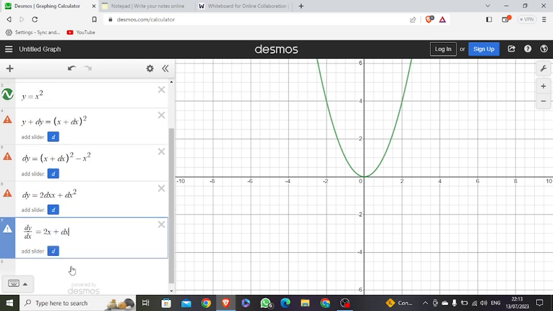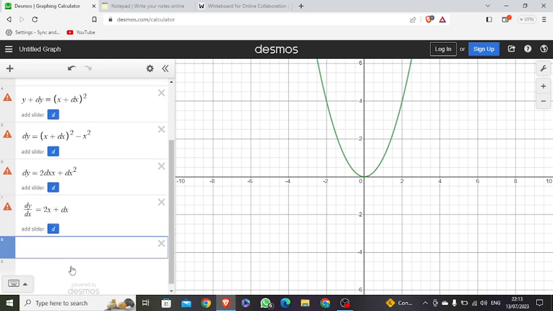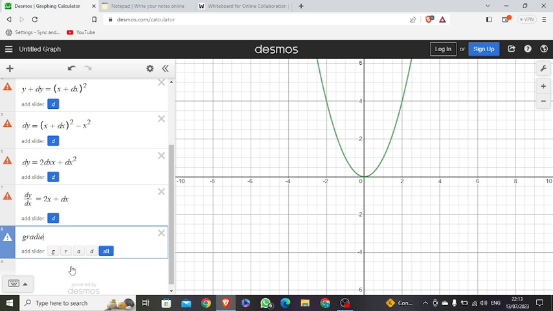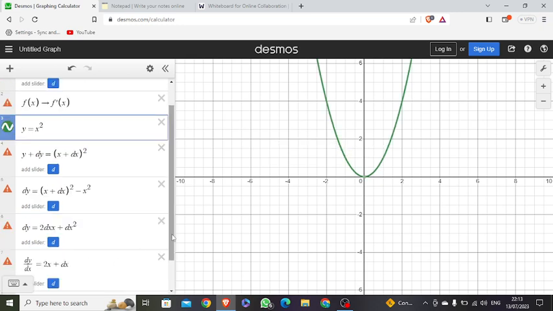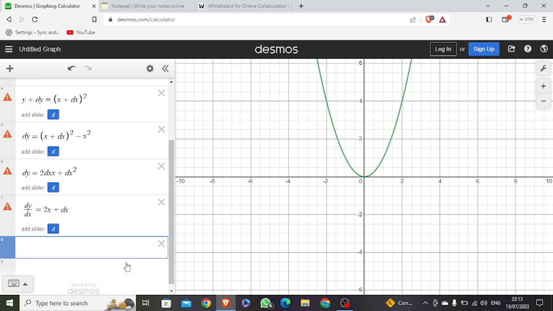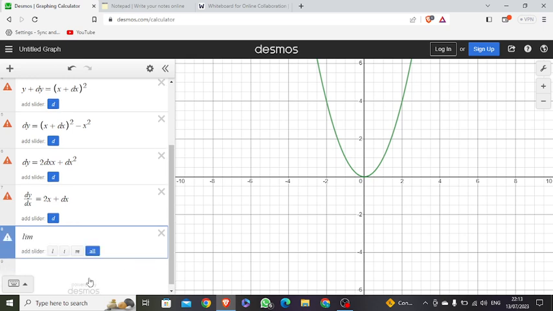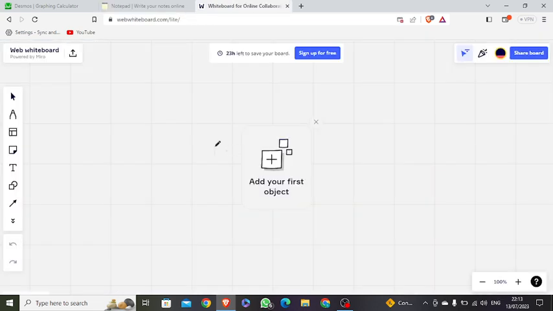Now, this is not the instantaneous gradient. We want to find the gradient at a point, not the average gradient in between. So what we do is we use limits.